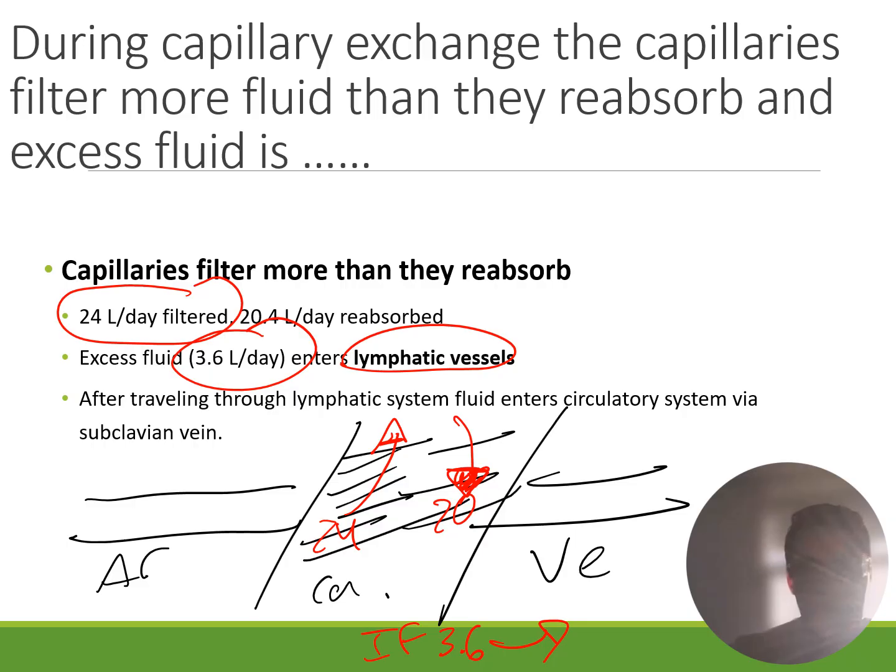If the lymphatic vessels are damaged, what happens? Edema. If there is more pressure coming in, that is, capillary hydrostatic pressure increases, so your systemic pressure increases, what happens? We have edema.